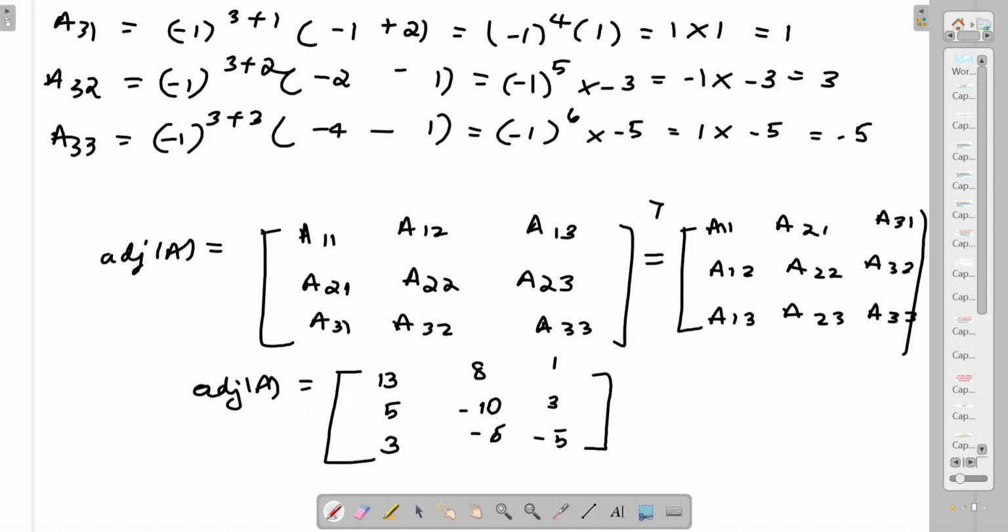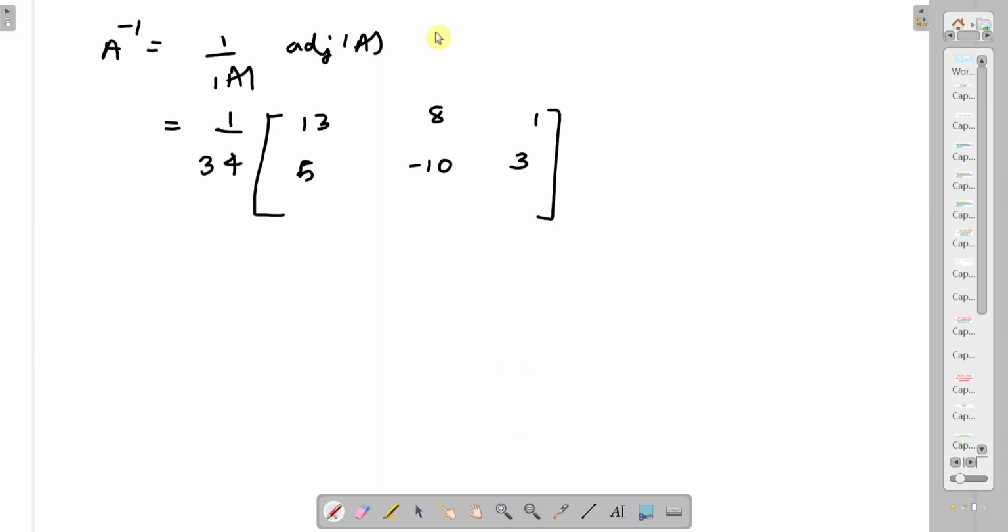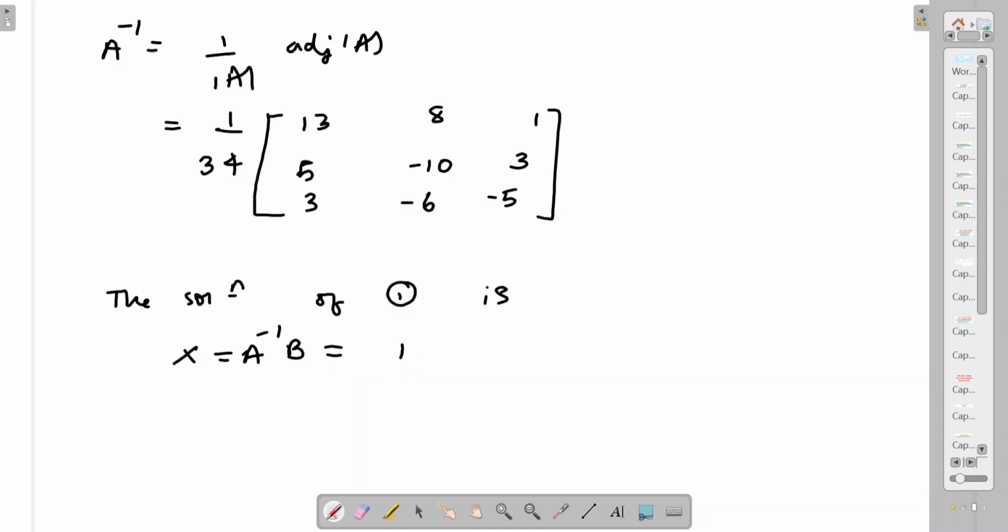Okay. Then we have 3, minus 6, minus 5. Right. So now we can find the solution of system 1. The solution of 1 is capital X equal to A inverse times B. That is nothing but 1 by 34 times this matrix 13, 8, 1, 5, minus 10, 3, this matrix 3, minus 6, minus 5.